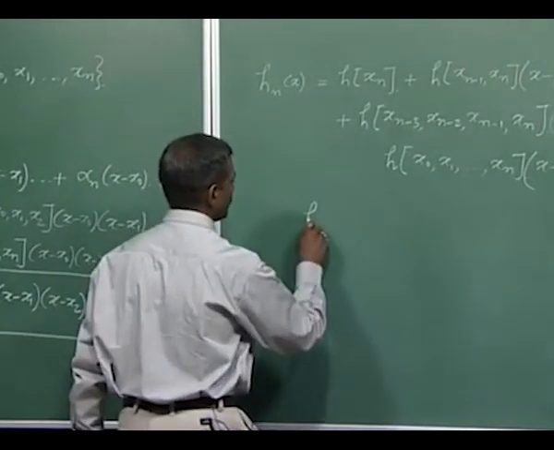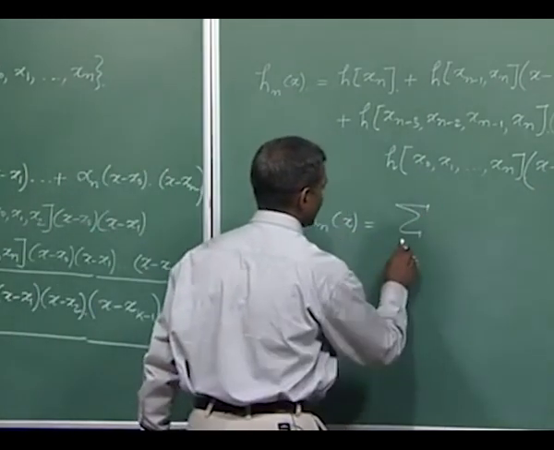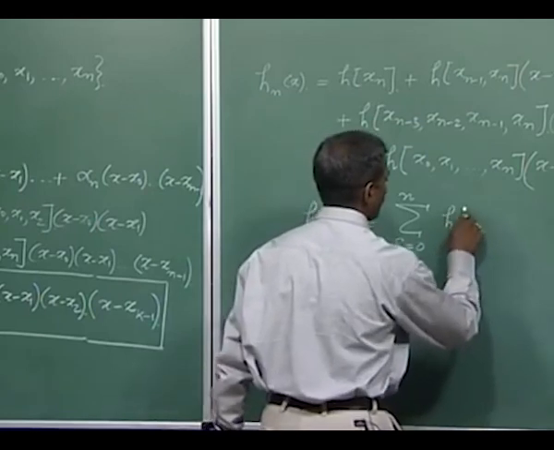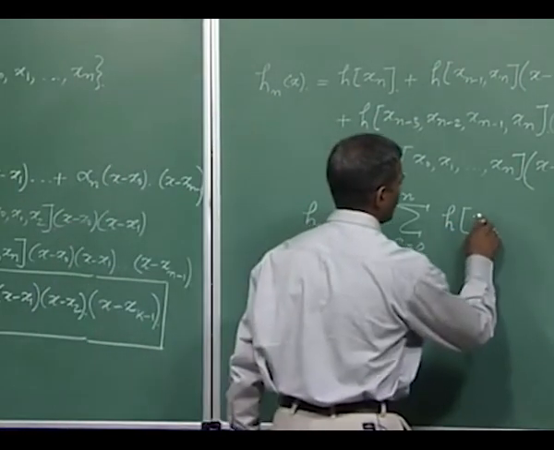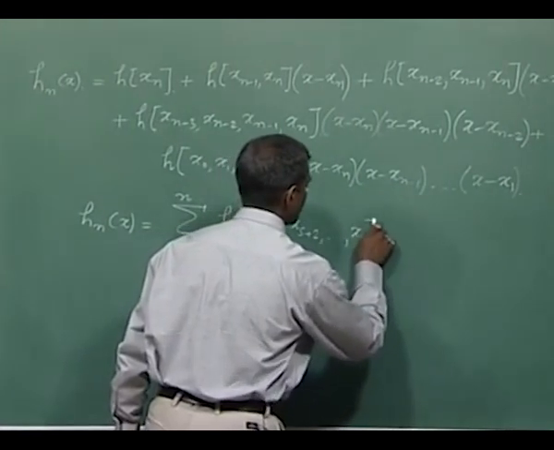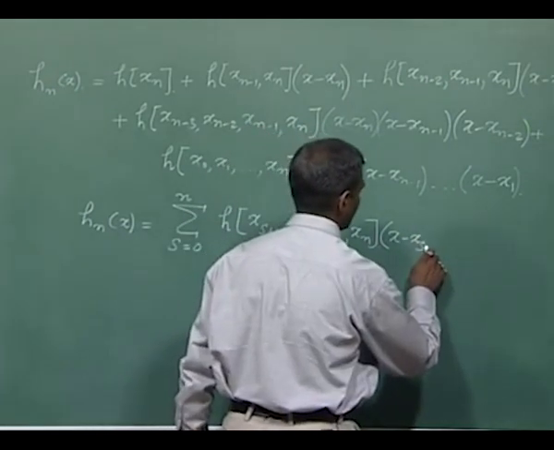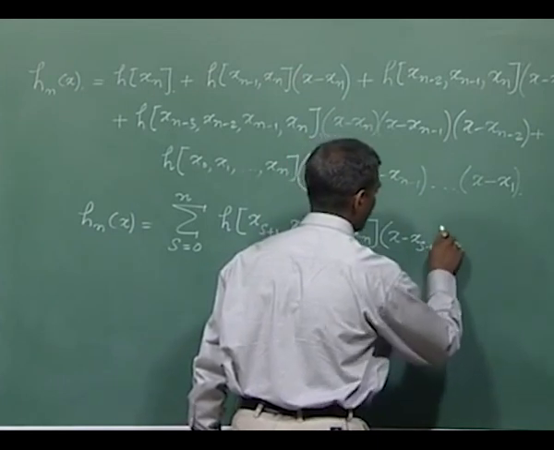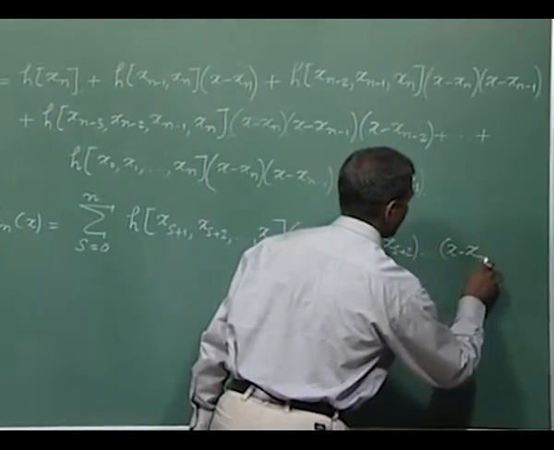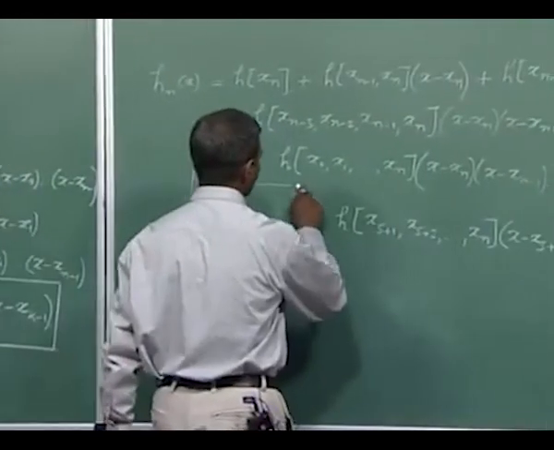In short, I can write hn of x equals summation, index s going from 0 to n, h of x s plus 1, x s plus 2 up till xn times x minus x s plus 1, x minus x s plus 2 up till x minus xn. This is an important result for us, so we'll block it.